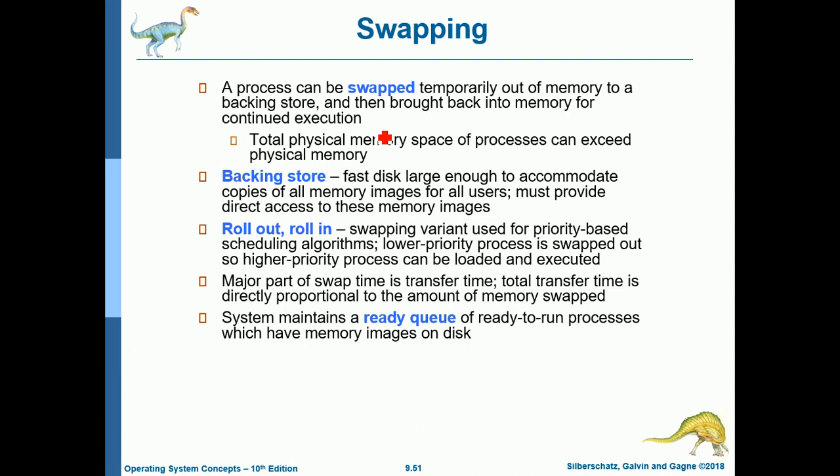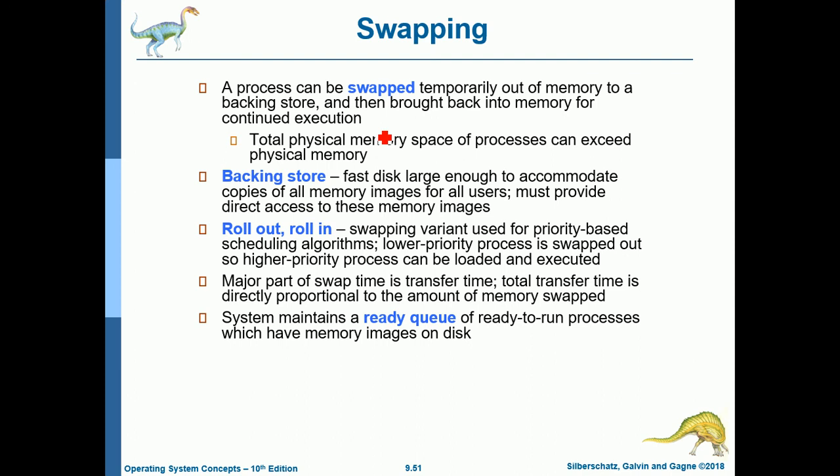The major part of swap time is transfer time. Total transfer time is directly proportional to the amount of memory swapped. Of course, if the physical memory space of the process is large, the transfer time is slower. Just like in a real world scenario, if you're transferring an object from one location to another, if the object is light, you can transfer it faster.